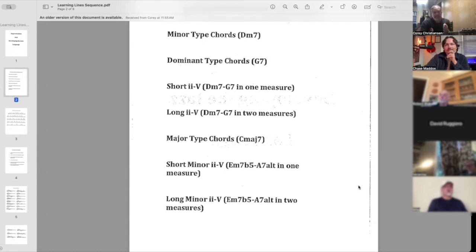And basically, and I'm going to just kind of do a little foreshadowing here, if I'm playing in a situation where the chord is stable, I'm trying to figure out how to get to something that's unstable. And if it's unstable, I'm trying to figure out how to get back to stable. It's kind of like this. If I'm home, I'm trying to figure out how to get away from home.